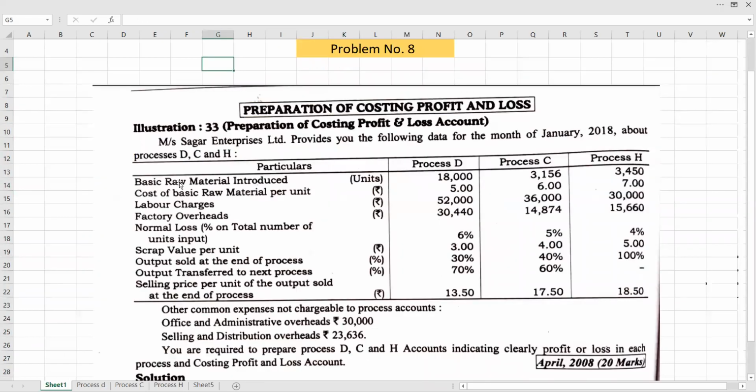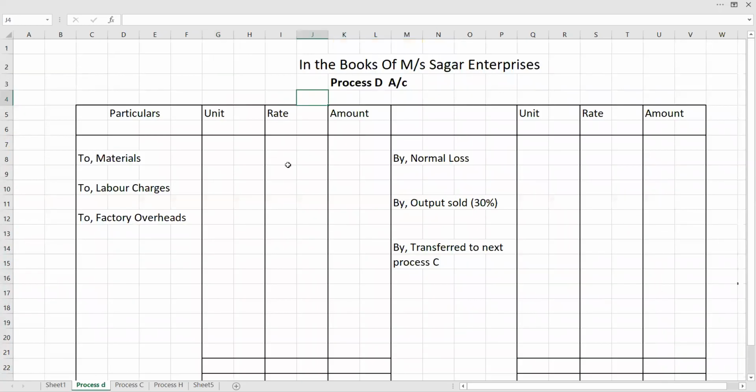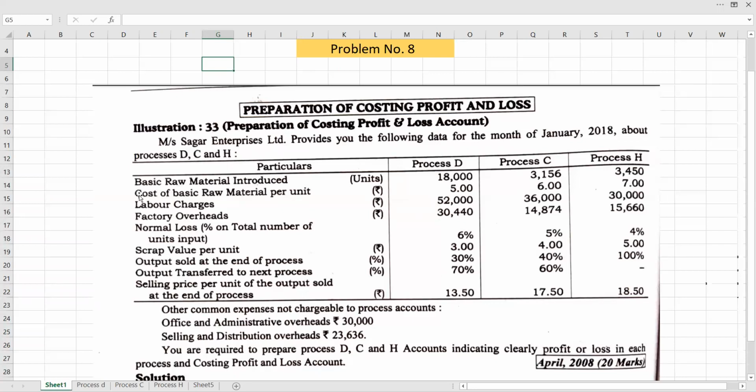First, basic raw material. Raw material should be recorded on the debit side of process D account. So first we will record the input units, 18,000, along with the rate, that is the cost of basic raw material per unit.